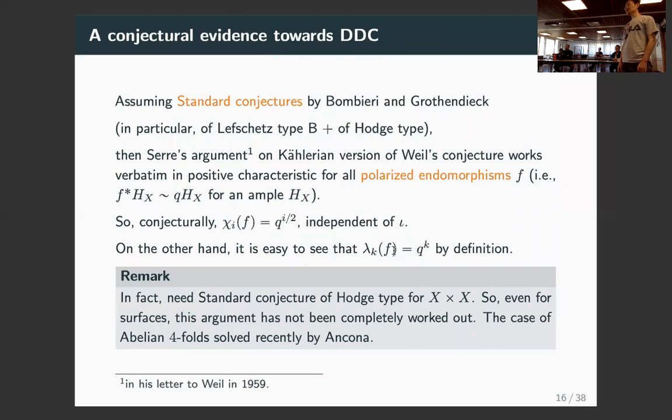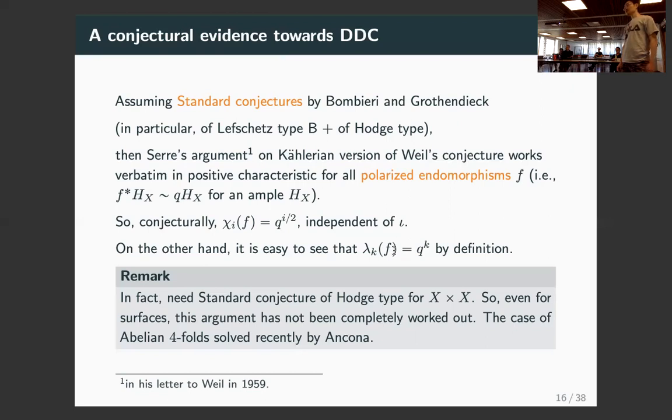Okay, so here is another conjectural evidence towards this DDC. If we assume standard conjectures, in particular the standard conjecture of Lefschetz type B and the standard conjecture of Hodge type, then by Sayre's argument, so Sayre considered this Kähler version of Weil's conjecture, but his argument works only for Kähler manifolds.